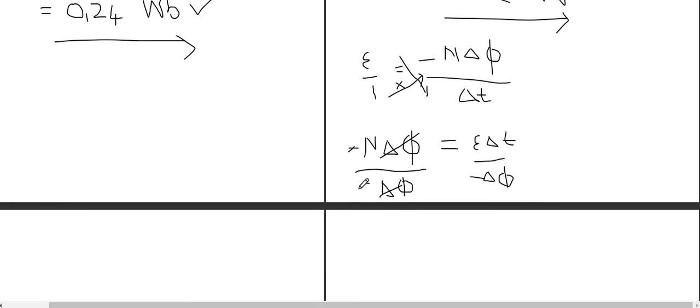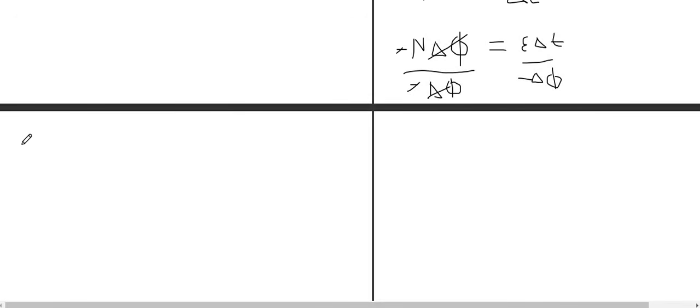Even that negative will cancel that negative there. And you will just be left with N, which is equal to the induced EMF multiplied by the change in time, right? And the whole thing divided by the negative of the change in the magnetic flux linkage, right?